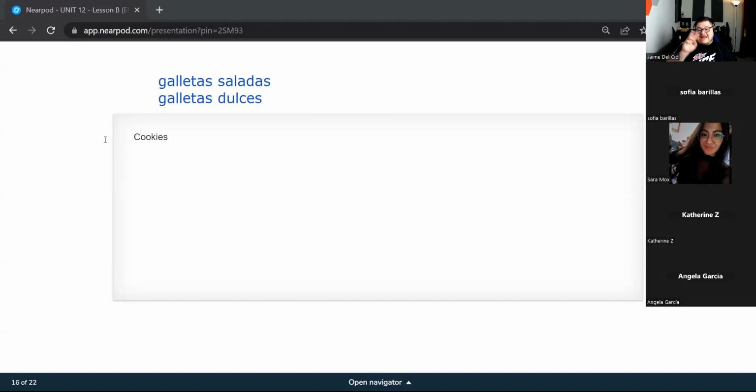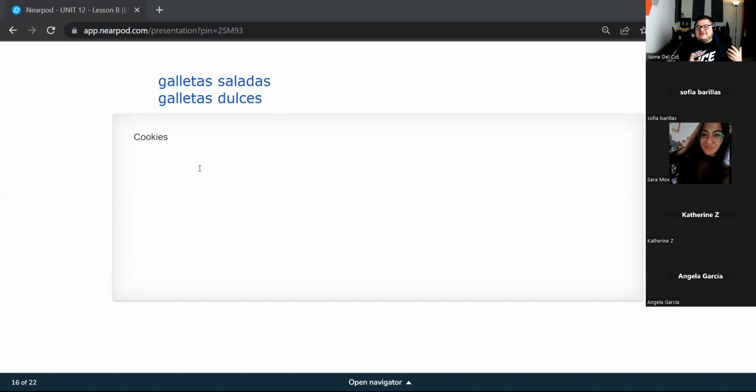De hecho, hay palabras diferentes. La palabra cookies nos estamos refiriendo específicamente a las galletas que son dulces, muy parecidas a las de la foto, ¿verdad? Aquellas que tienen chocolate chips o que tienen macadamia o que tienen algo, ¿verdad? Estas son las galletas. Those are the cookies, especialmente las que son dulces.